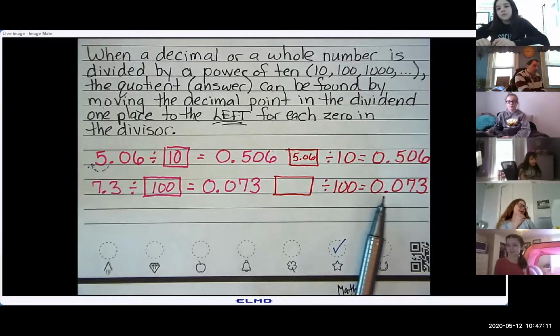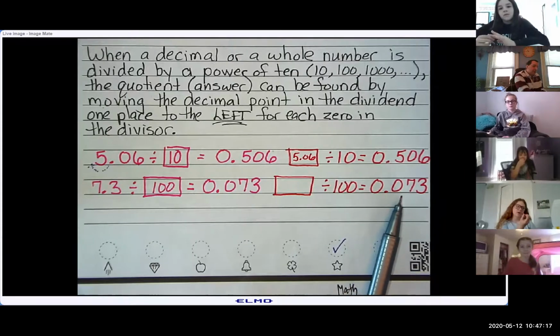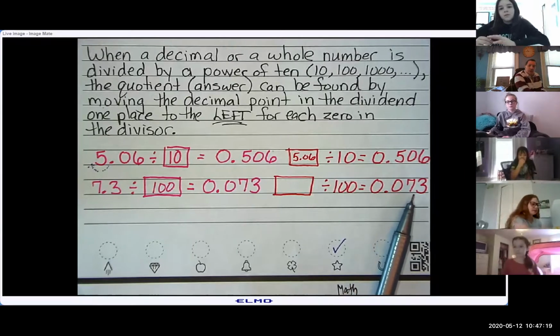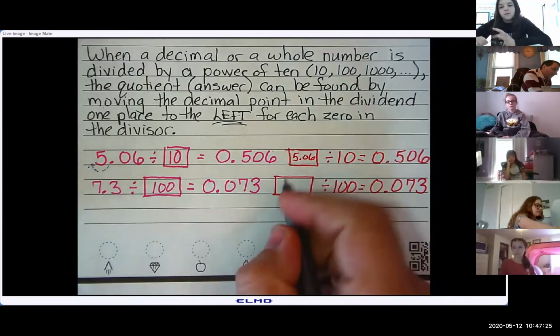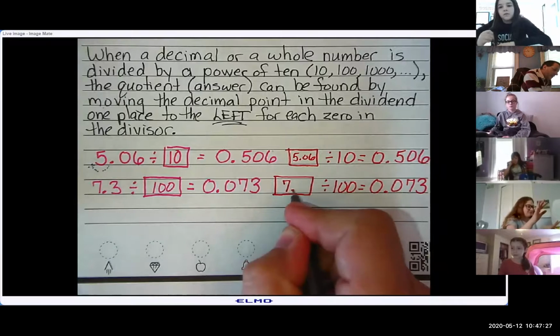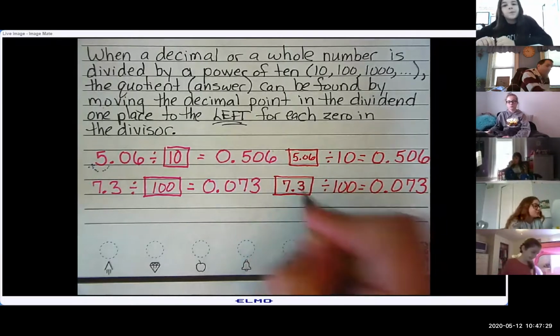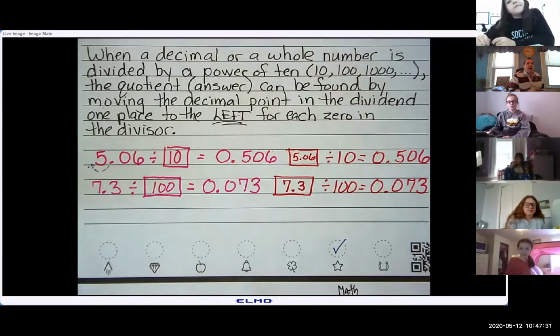So instead of moving them to the left, do the opposite. If you move them to the right twice, what do you get? 7.3. That is correct. Does that make sense, Sean? Yes.